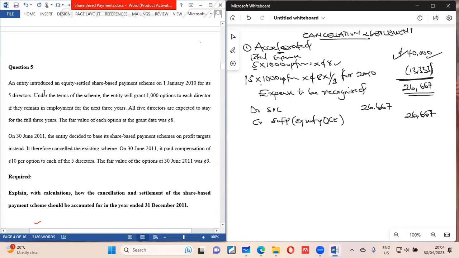Since the cancellation was done in June 2011, the first year acceleration would have been done in 2010. Then the second year is 2011, because by the end of 2011, we already know that the thing was canceled.